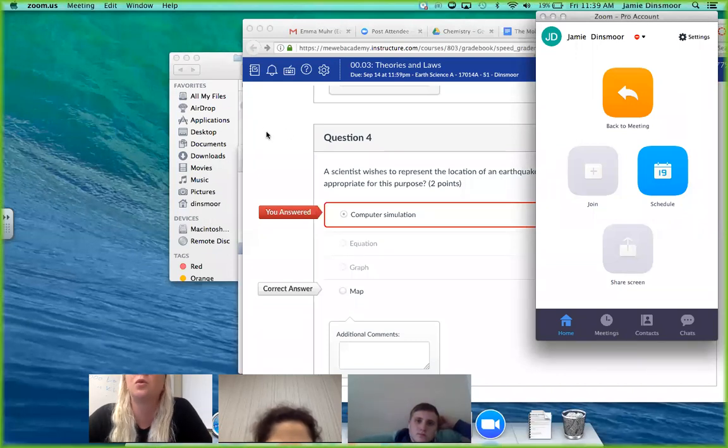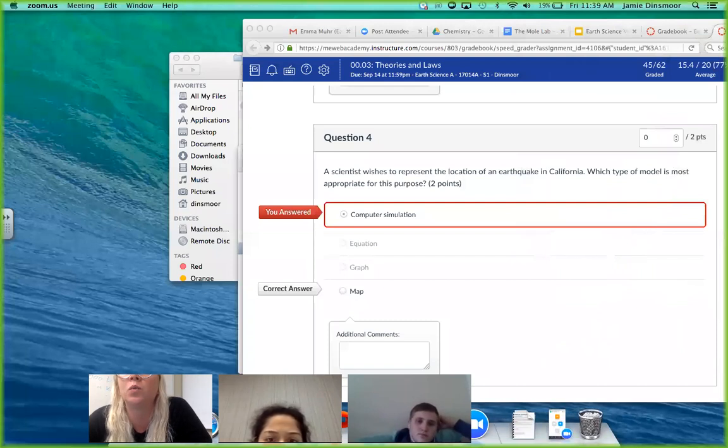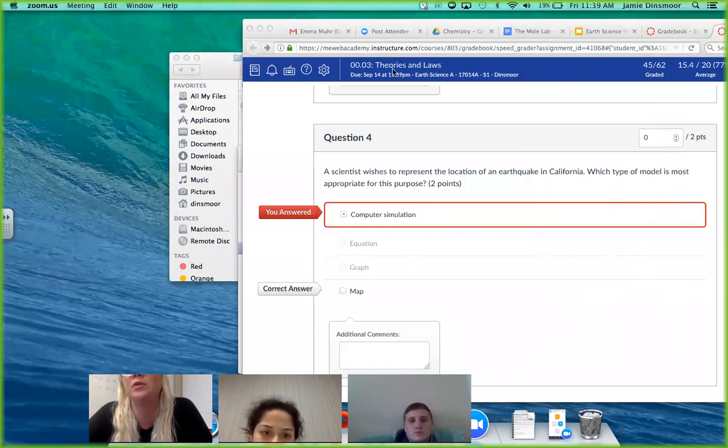Okay, so question 4 says, a scientist wishes to represent the location of an earthquake in California. Which type of model is most appropriate for this purpose? Okay, so can you explain why you said computer simulation? Because I think that's a good guess. Okay, because that's what they used to tell weather. Okay, but it was maps.